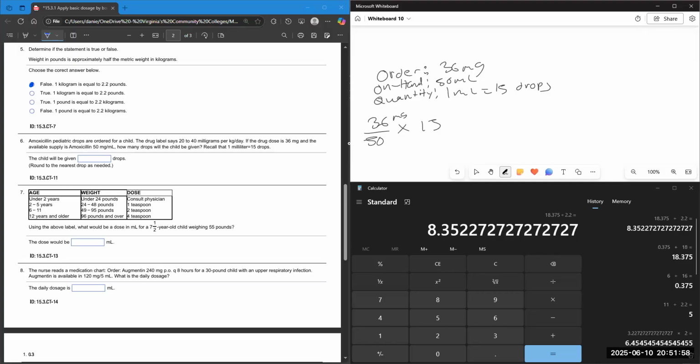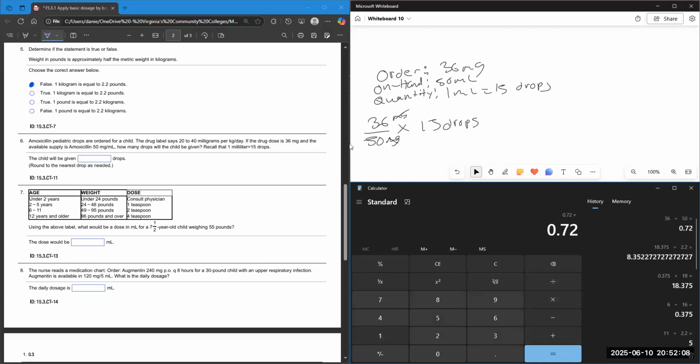These are milligrams. These are milligrams. These are drops. So 36 divided by 50 times 15 is going to give us 10.8 drops. And we can't give a fraction of a drop like that, so we're going to have to say this is approximately 11 drops.